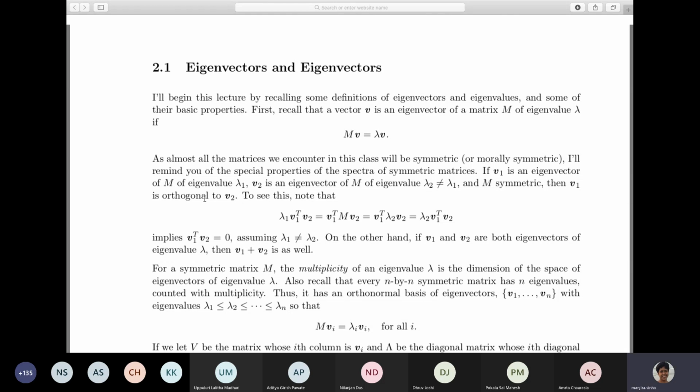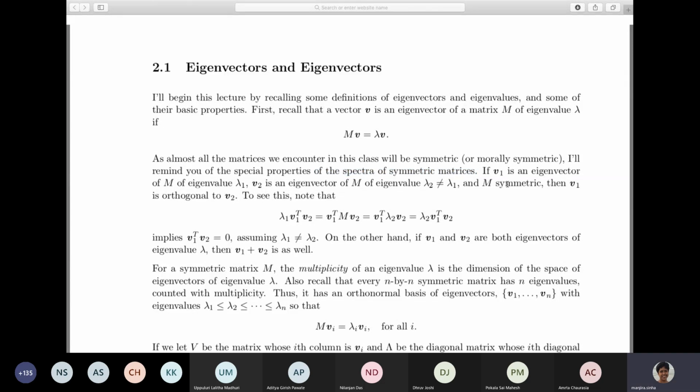Why do we do spectral clustering on a symmetric matrix? Because there are some special properties of the spectra of the matrix. Spectra refers to the matrix eigenvectors and eigenvalues. That's why it is called spectral clustering. That's how the name has come.